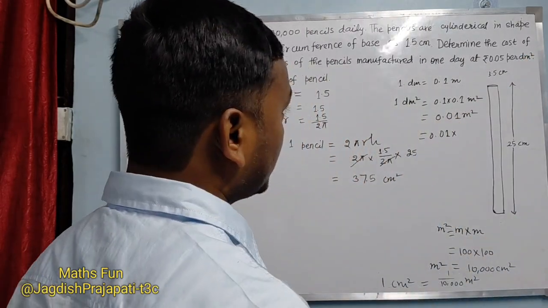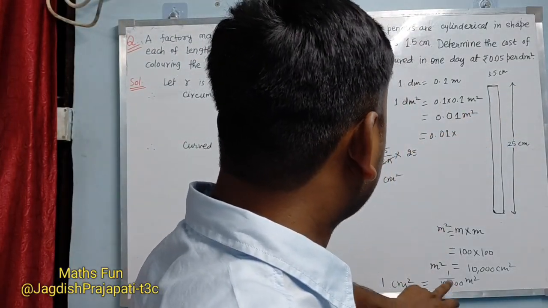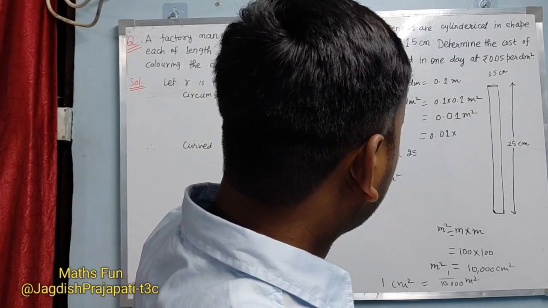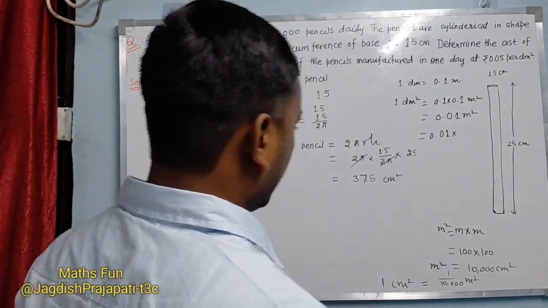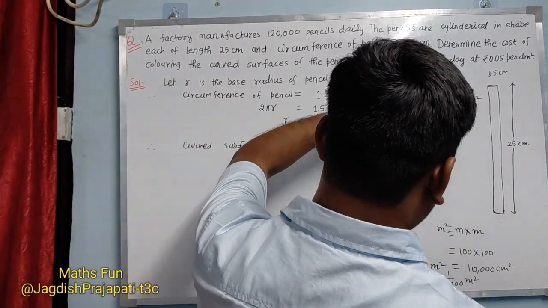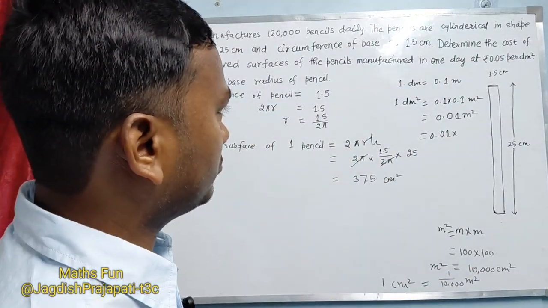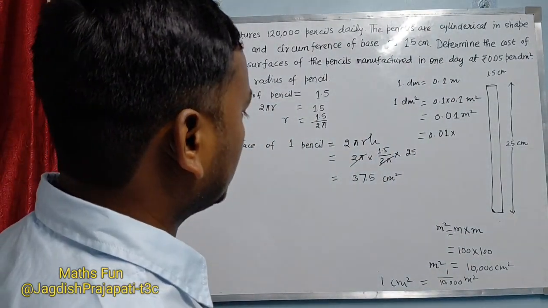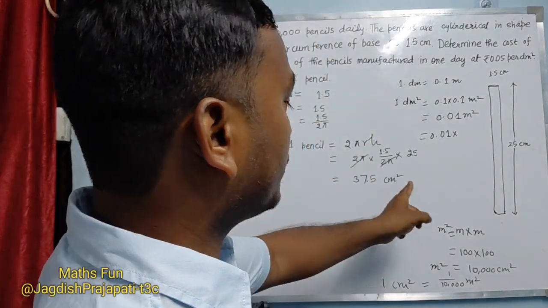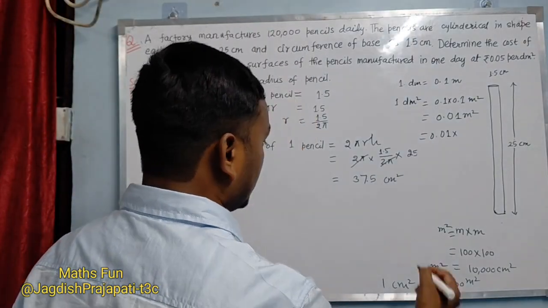In centimeter, 1 square decimeter is this. Or we can convert it into square meter, no issue.